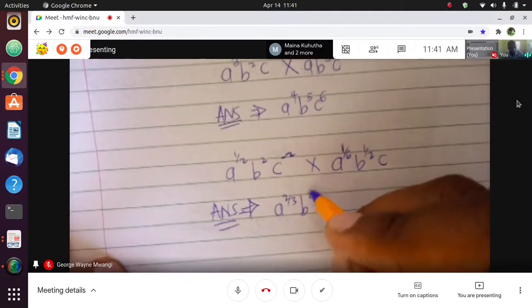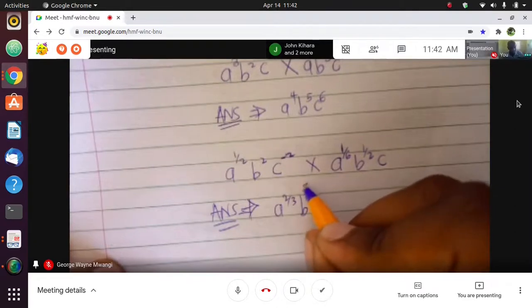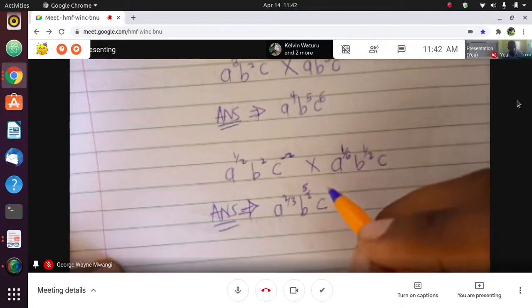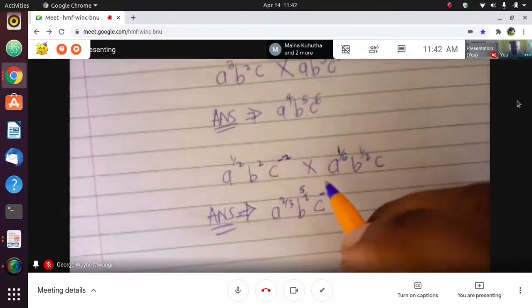But tuandika in fraction form, itakuwa ngapi? 5 over 2. And c negative 1. So I'm glad you still remember the laws of indices.